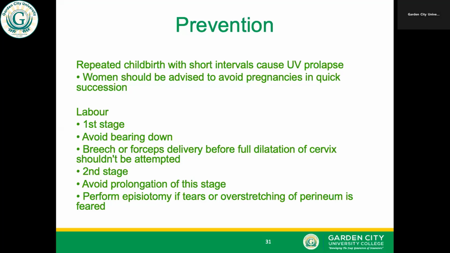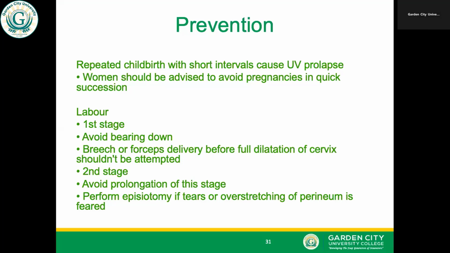And in the first stage, we will always encourage the women to avoid bearing down when they are not fully dilated. Most women in the first stage of labor wouldn't be fully dilated, but because they feel the pain, they try to push the baby out at all costs, and because of that they will be straining these ligaments.